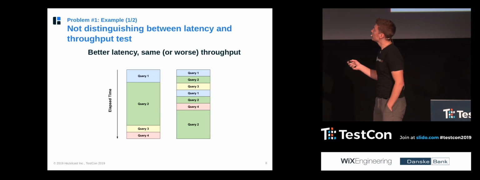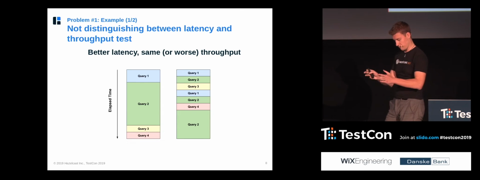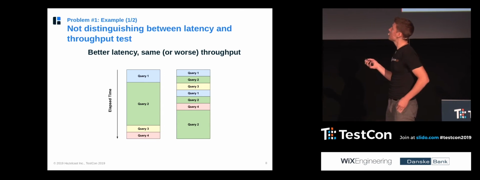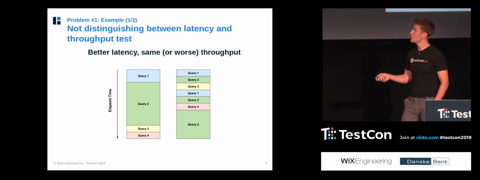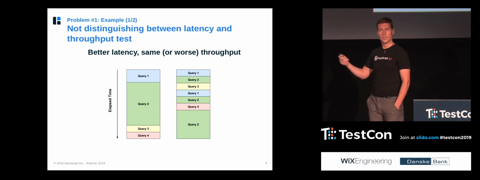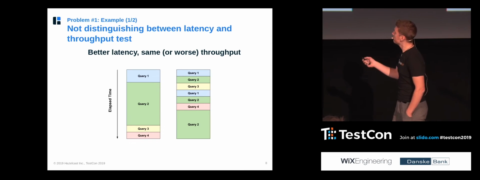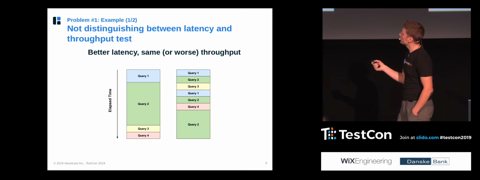So you start executing the operation, and once some time frame elapses, if the operation is finished, okay, good. If it's not finished, you pause it, and then you resume it in a round-robin fashion. So if you look at that, what happens is that for query 1, we get the answer somewhat later.